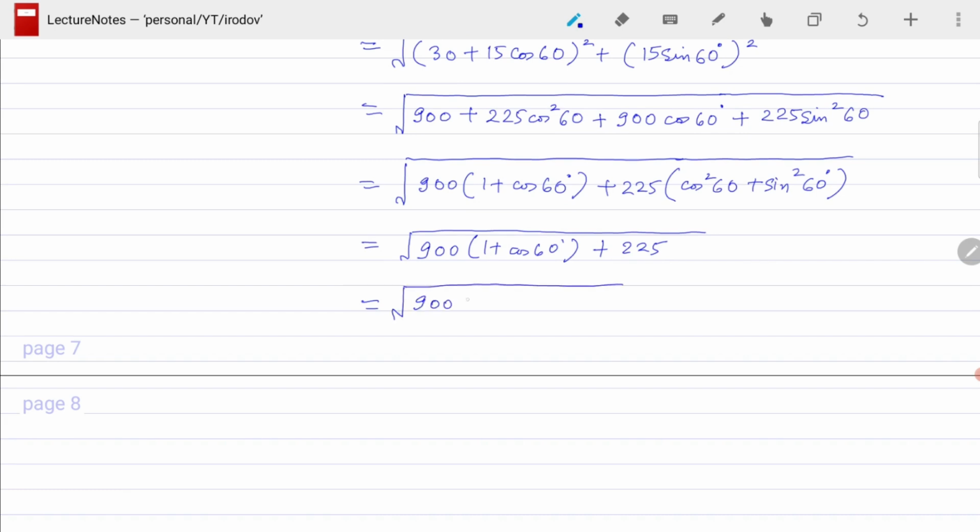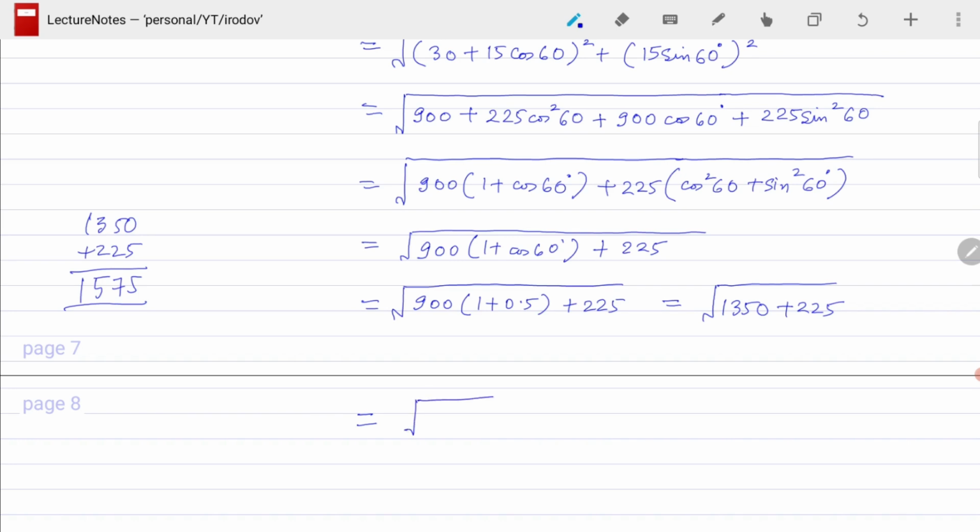So 900 times 1.5 plus 225 gives 1350 plus 225, which is 1575.